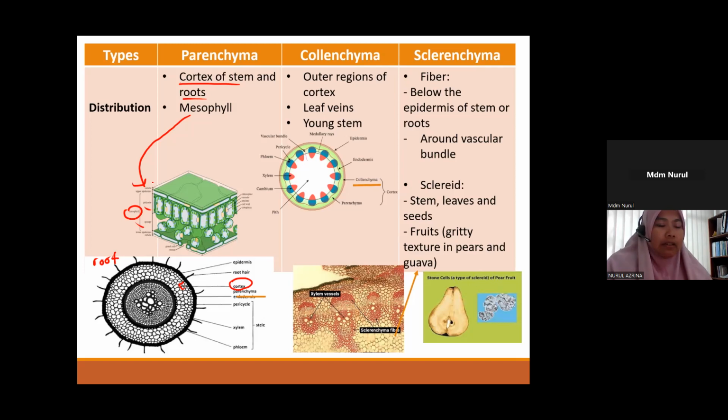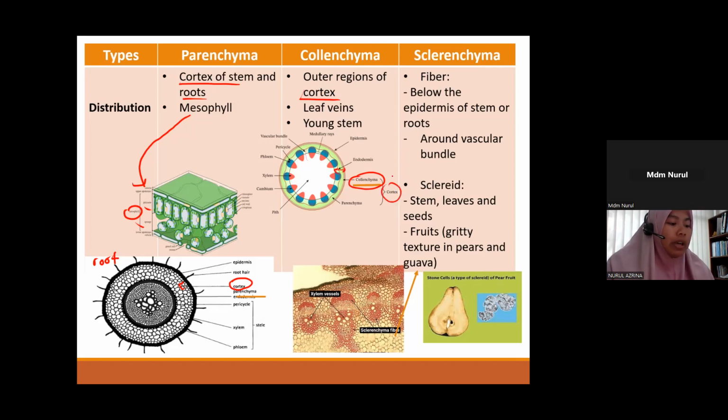Next for collenchyma. Collenchyma cells can be found in the outer region of the cortex, meaning it's still in the cortex region, but a little bit toward the outskirts. You can see here, this is a collenchyma cell. This area is still cortex area.